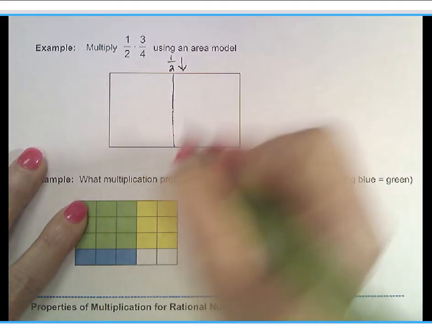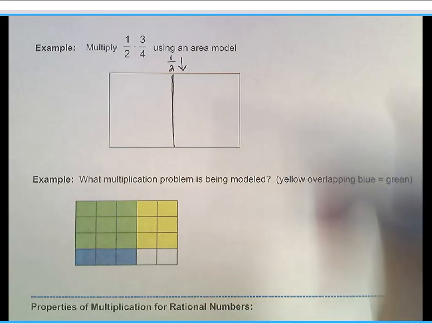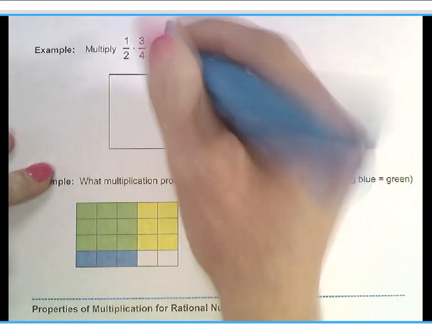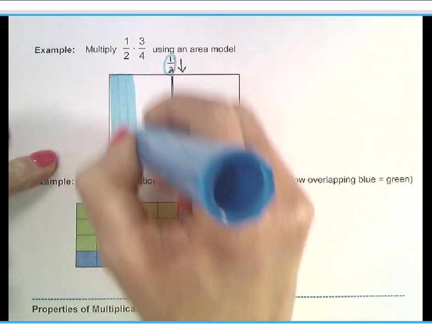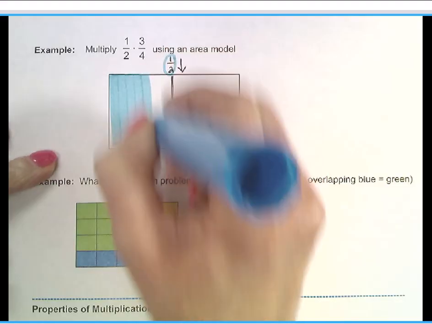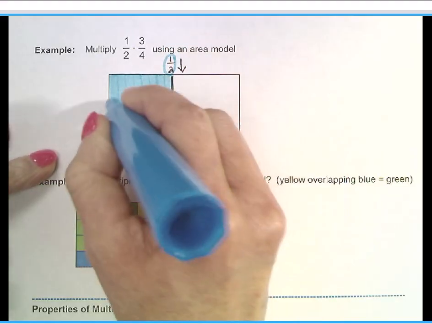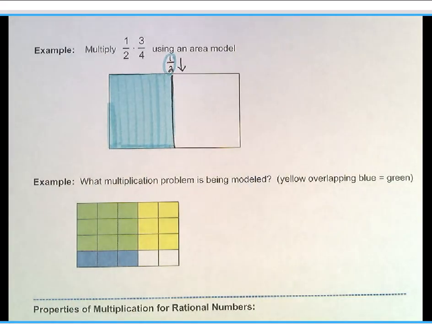So if I split that in half that way, and then I shade half, I'm going to shade just this first big fat column that we have. So there I shaded half of the rectangle going in a vertical direction.